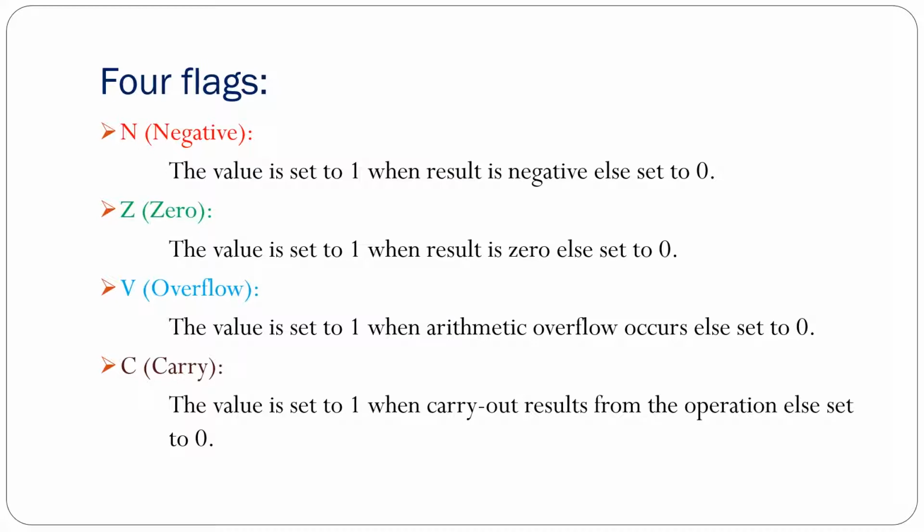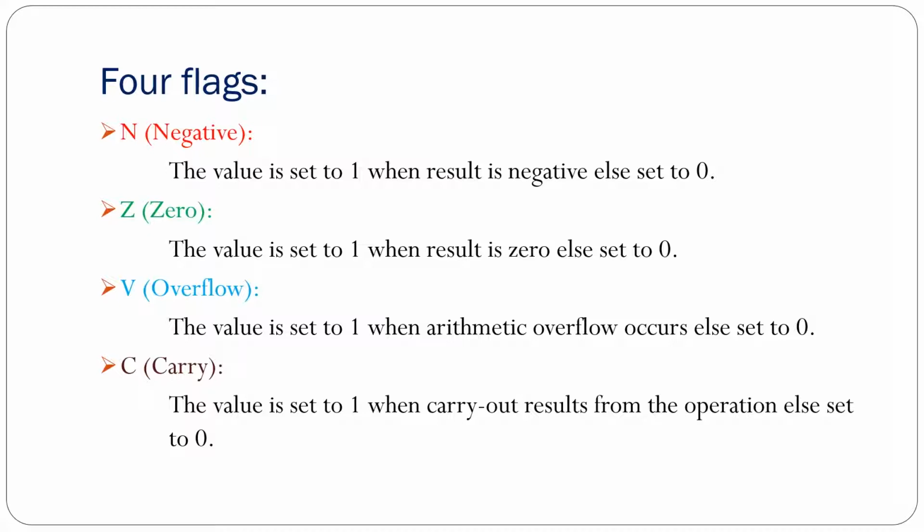Z or zero. The value is set to 1 when the result is 0, else set to 0. 3. V or overflow. The value is set to 1 when arithmetic overflow occurs, else set to 0. 4. C or carry. The value is set to 1 when carry out results from the operation, else set to 0.